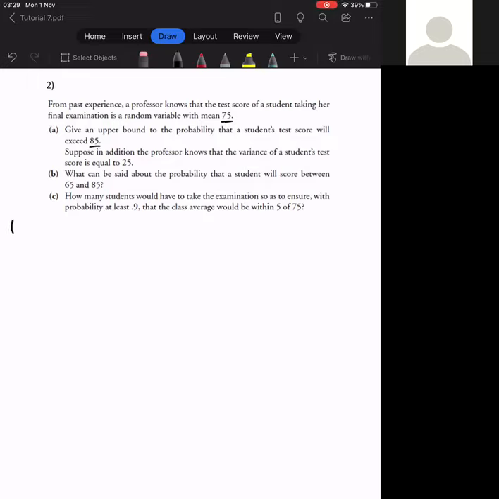So let's do part A first. We're given expected value of X equals 75. We want an upper bound on X being greater than 85.